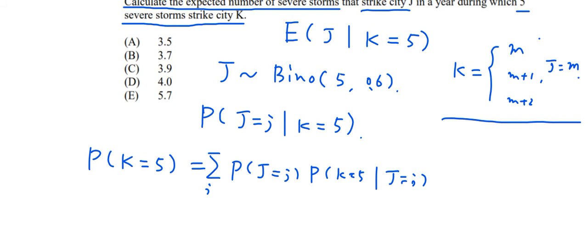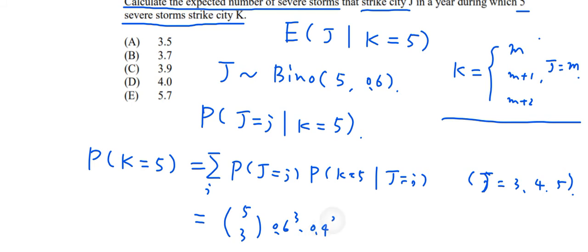So there are only 3 cases. When J equals 3, the probability is C(5,3), so p happens 3 times and q happens 2 times.